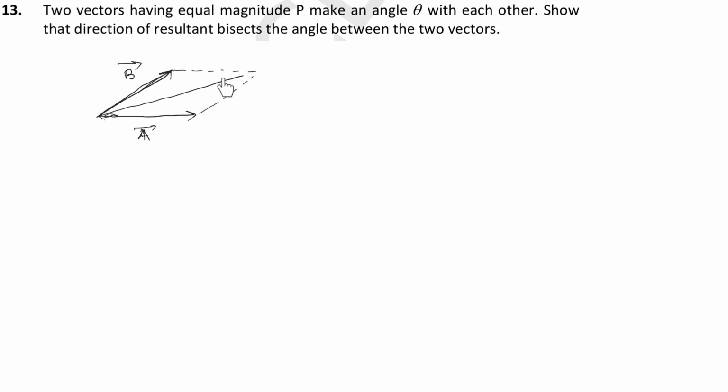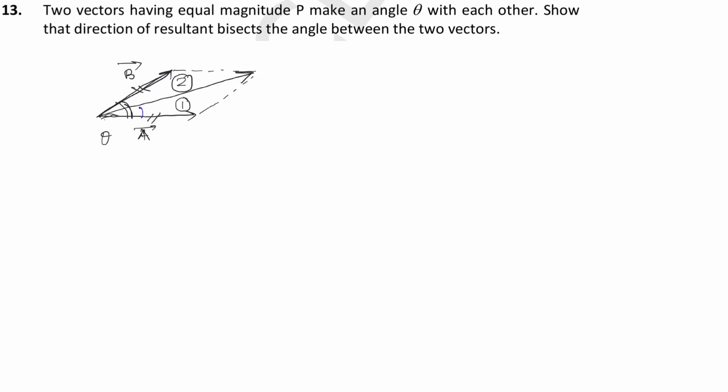This is your resultant. Now as these two sides are equal to P, and the angle between these two is theta, are triangle 1 and triangle 2 congruent or not? Check that. Triangle 1 and triangle 2, they are congruent.